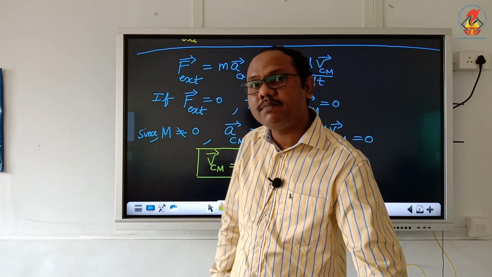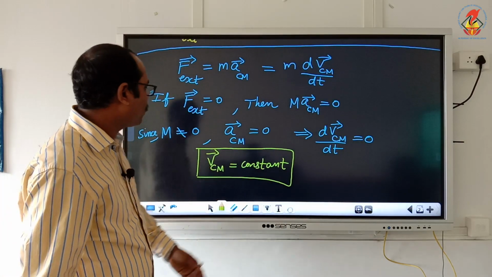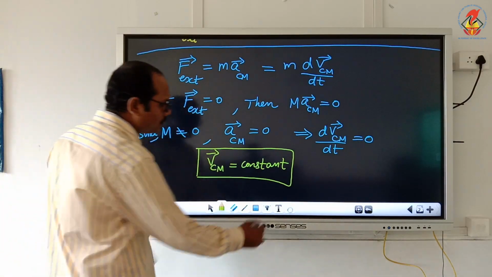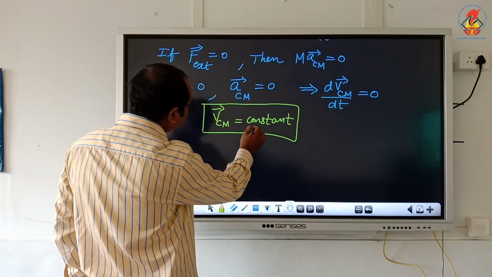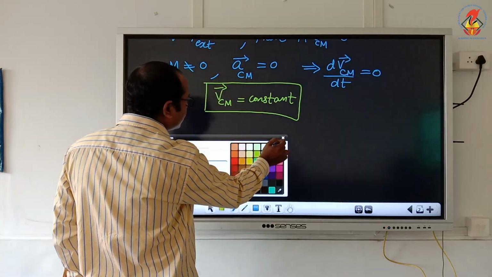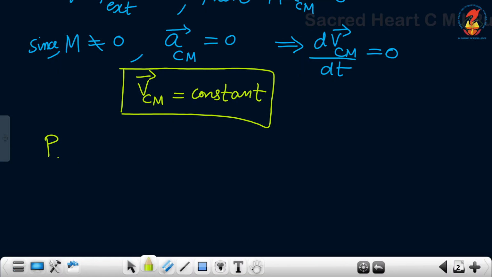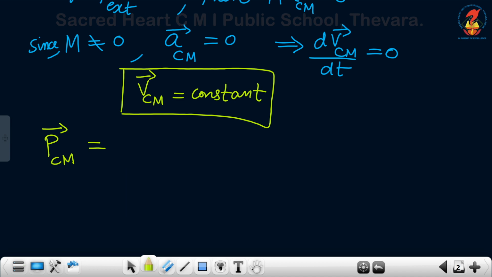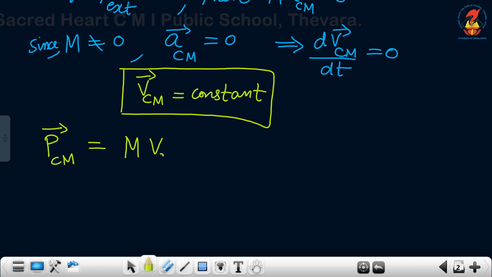Now, what is meant by momentum of the center of mass? I just wrote Vcm is equal to constant. Now, momentum of the center of mass, PCM, can be written as total mass into Vcm, right?